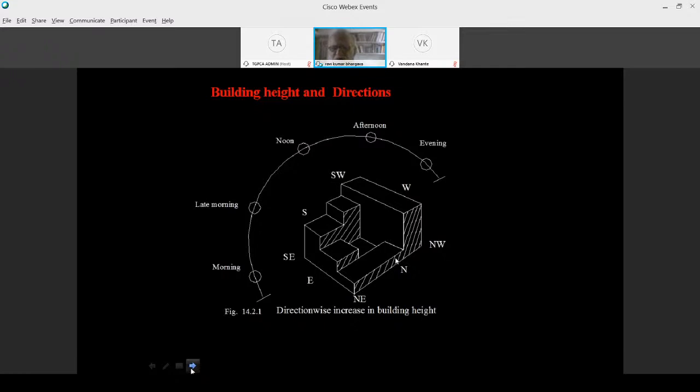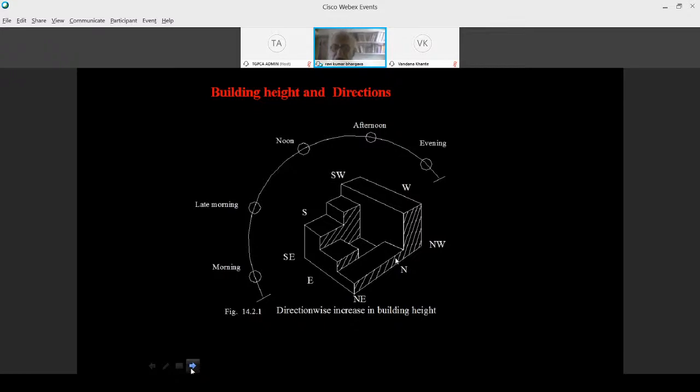Then this is a plan form with built-up area all around an open courtyard. You can make out in the center there is an open courtyard. Then the building portion towards the south is in the form of steps. As you move towards the east from the west, the building height goes on reducing.